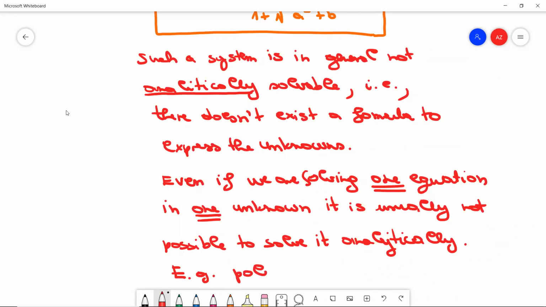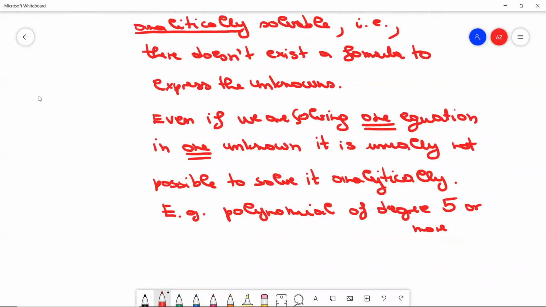A polynomial of degree 5 or more is an example of this fact.